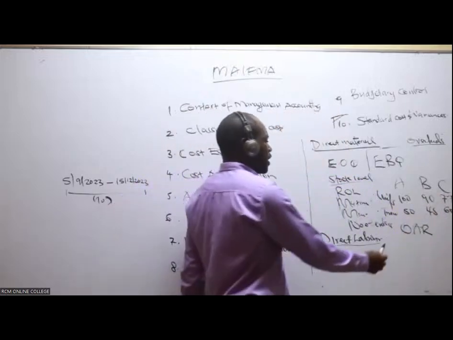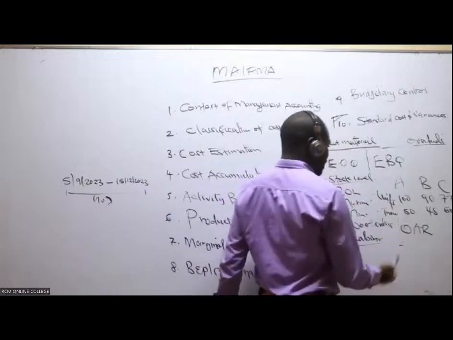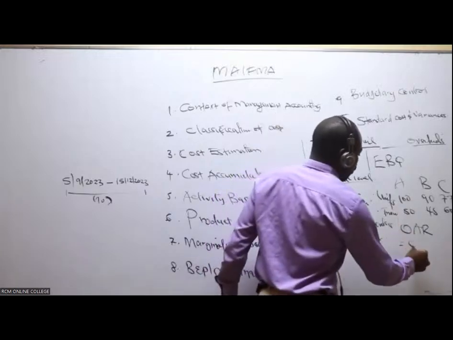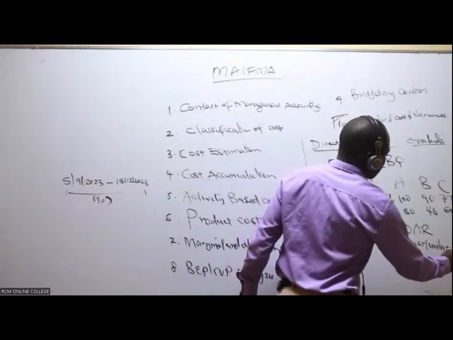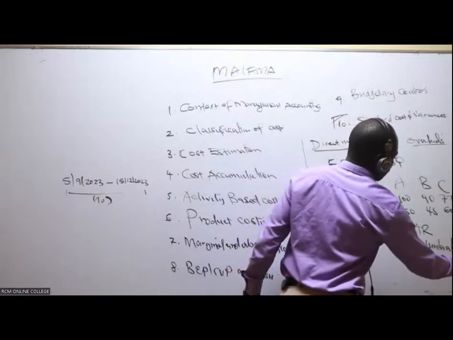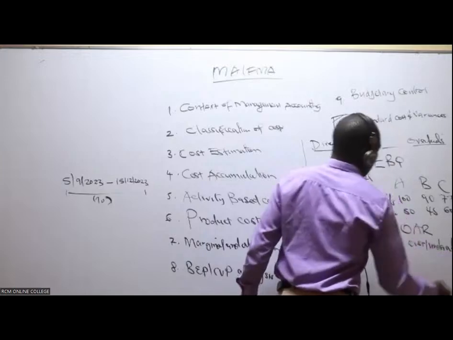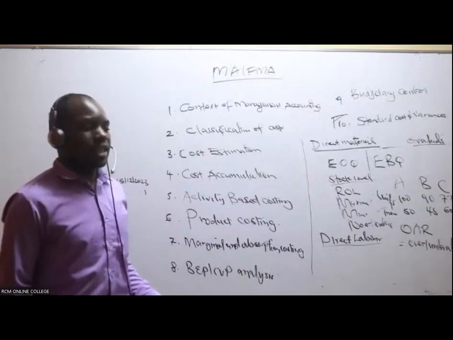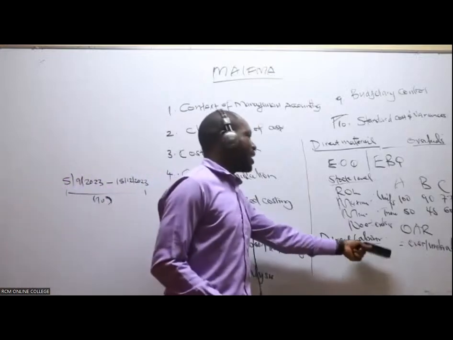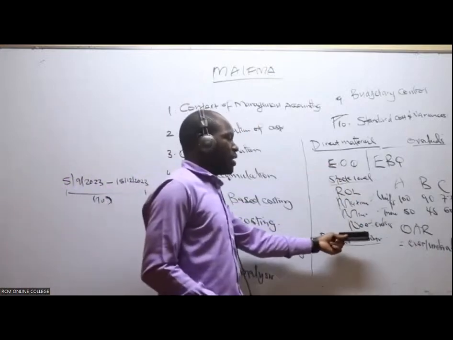And from this overhead absorption rate, you need to understand or tell us, was it over or under absorption of overheads? That is what you need to understand in that particular area.